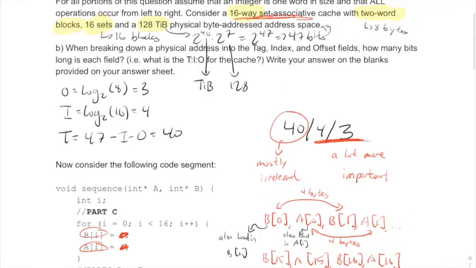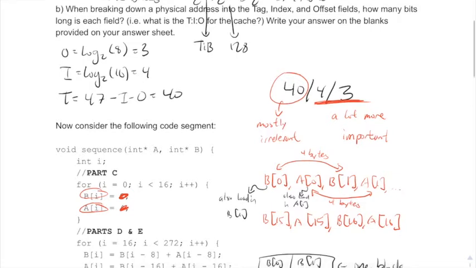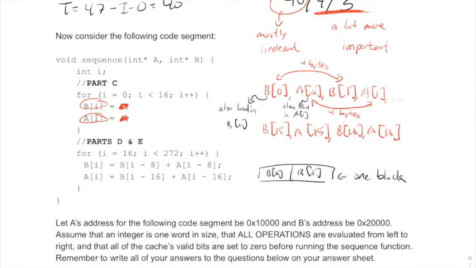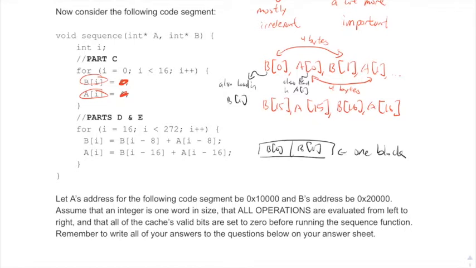Now, because this is a 16-way set associative cache, we don't have to worry about the fact that A0 might replace B0. We have enough space in this cache to be able to store B0 then B1, and then also A0 and A1. And since we only go from 0 to 16, we don't have to worry about going back to previous items yet.